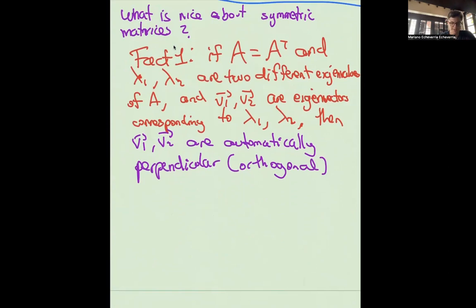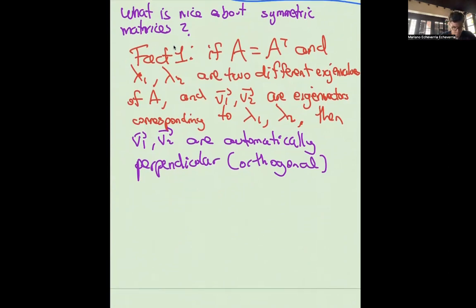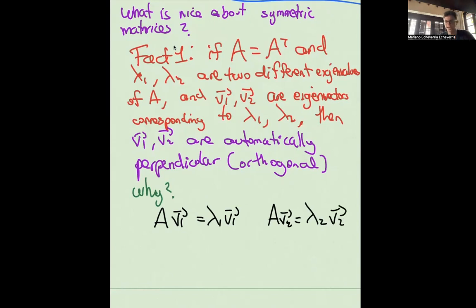So why is this true? Well, remember what it means for something to be an eigenvalue and eigenvector. You have that A V1 is lambda1 V1 and A V2 is lambda2 V2, right? That's what it means to say that V1 and V2 are eigenvectors.